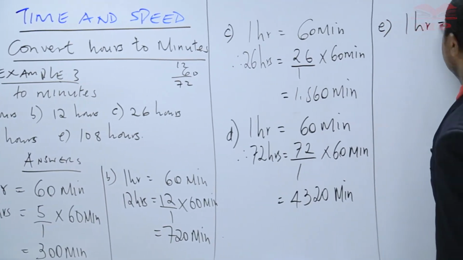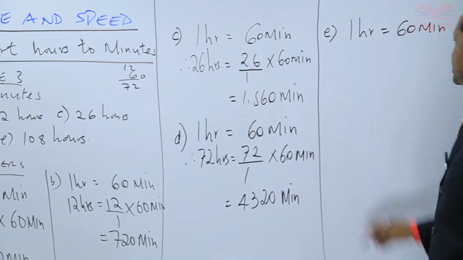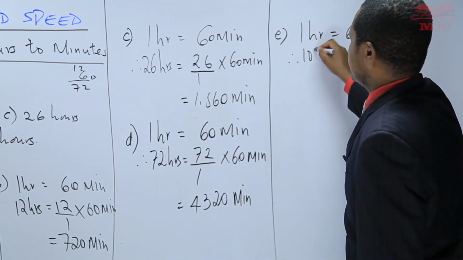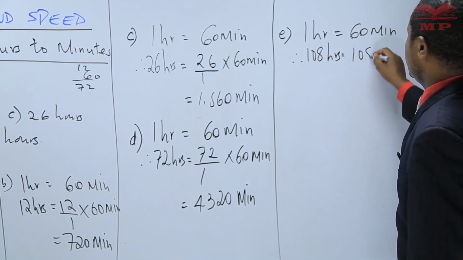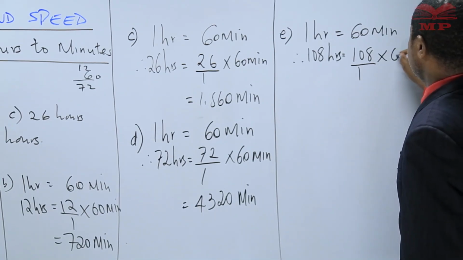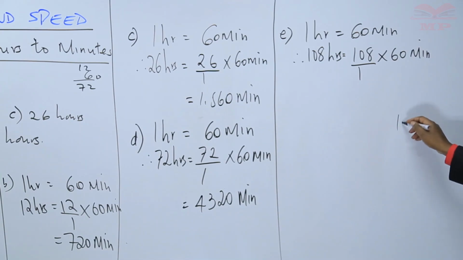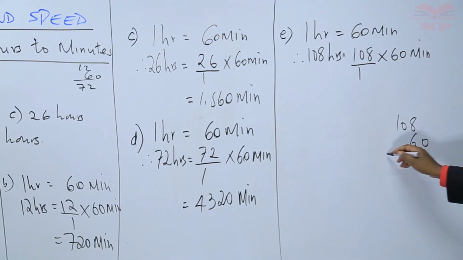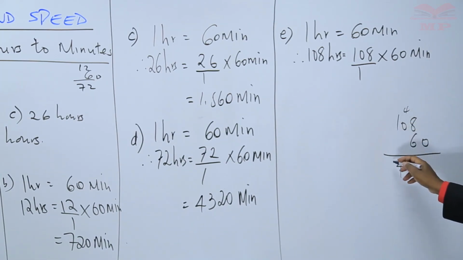Then E. 1 hour is equal to 60 minutes. Therefore 108 hours will be equal to 108 over 1 times 60 minutes. So we multiply 108 times 60. 8 times 6 is equal to 48. We write 8 here, carry 4. 0 times 6 is 0, then we write 4. 6 times 1 is equal to 6.